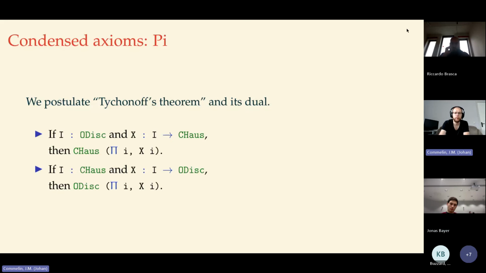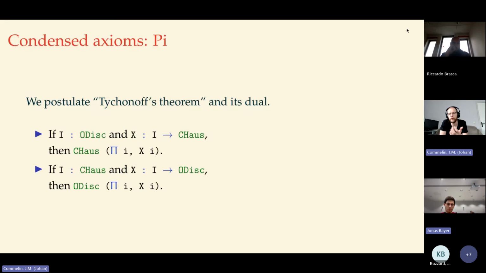But then dually, if you have a compact Hausdorff indexing set and a family of ODisc spaces indexed by I, and now you form the product, then we want this product to be an ODisc space. And so this is maybe slightly less intuitive coming from topology.